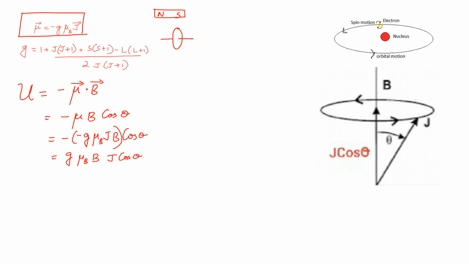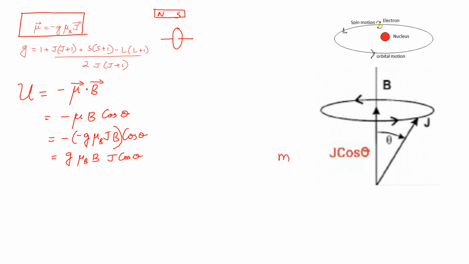The minus and minus become plus: g times mu B times B J cos theta. Now J, the total magnetic moment, the sum of orbital motion and spin motion, and the projection of J along the direction of the external field is J cos theta.